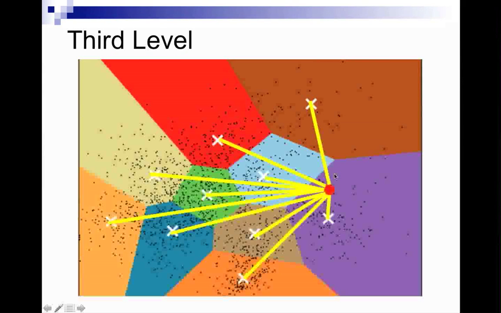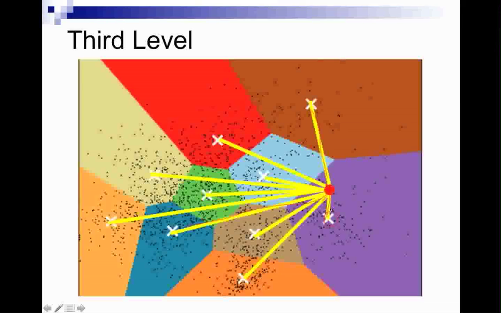When a new data point comes in, we just set the k of the k nearest neighbor equal to 1. So I just choose the 1 nearest neighbor, and we use the Euclidean distance to measure this distance.